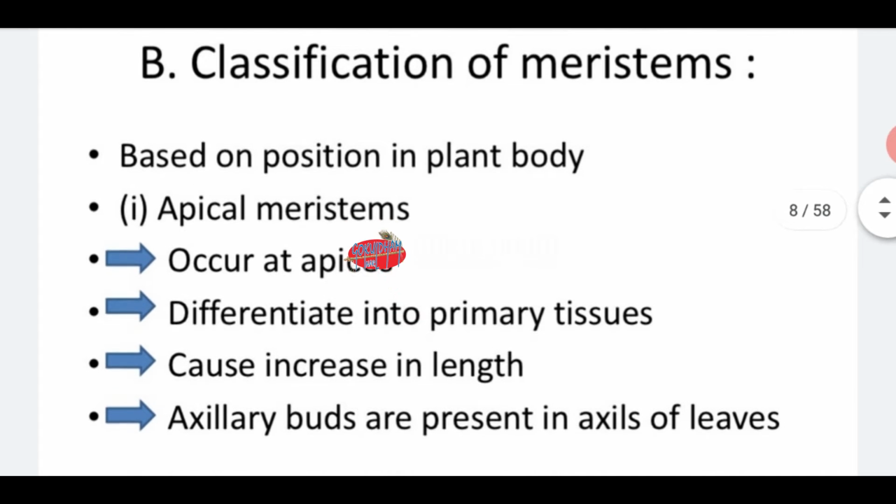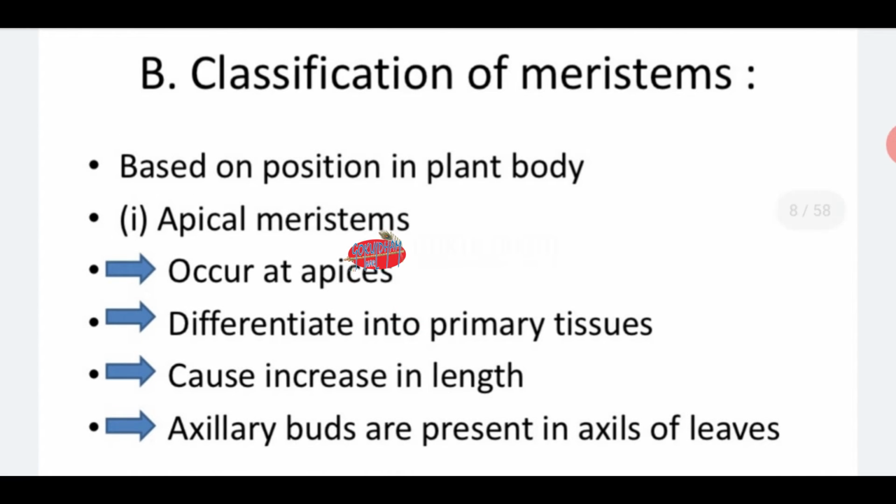Now the classification of meristematic tissue based on position in the plant body. This meristematic tissue is divided on the basis of its position in the plant body. First type is apical meristem, which occurs at the tip of the plant. The apical meristem is present at the apex and differentiates into primary tissues.